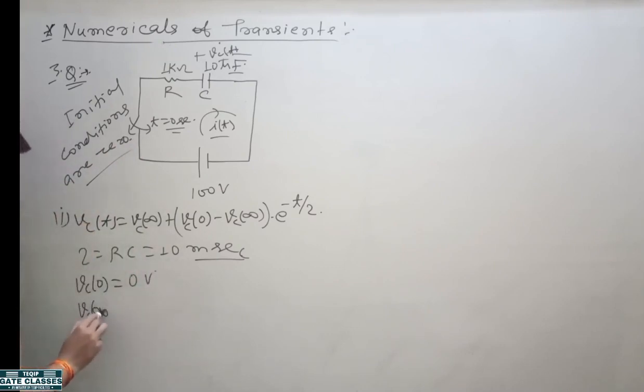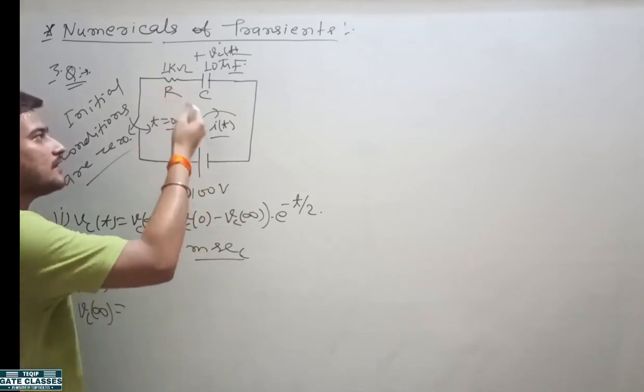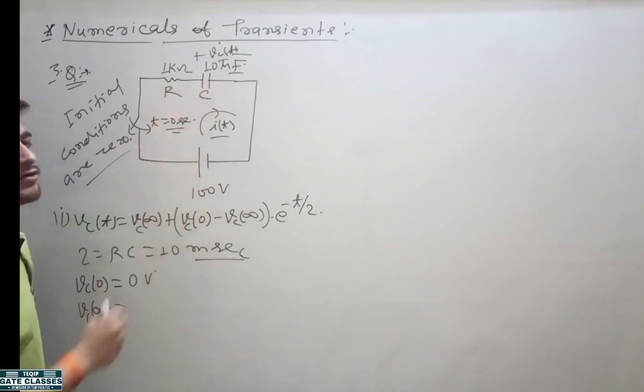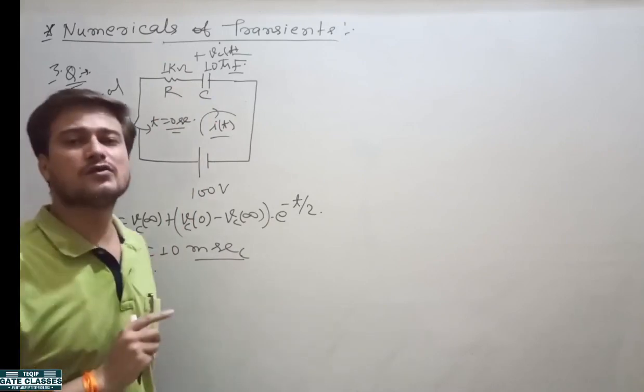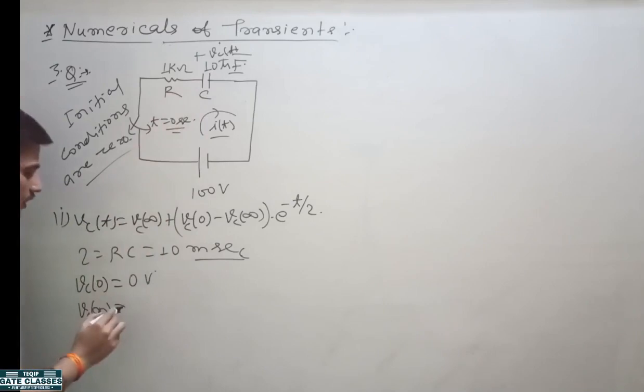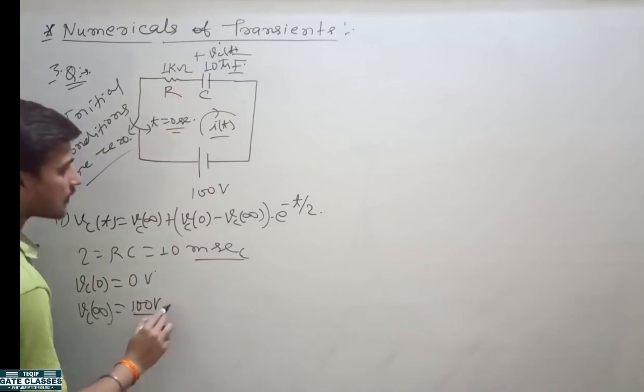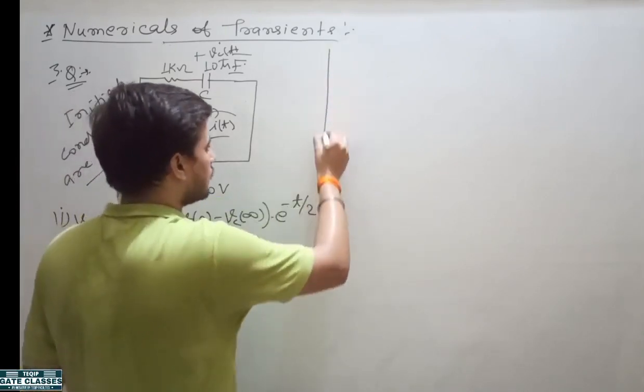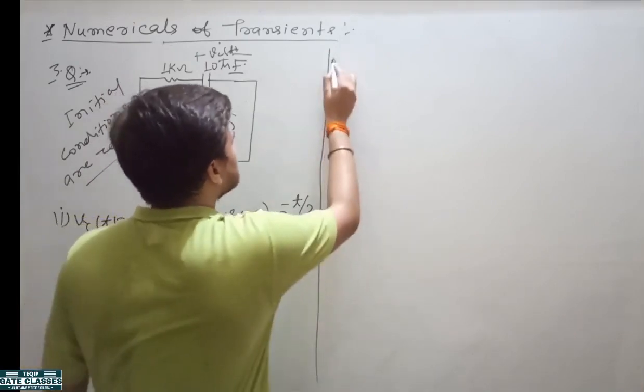VC infinity: when the time t tends to infinity, this capacitor will be fully charged. Current flowing through the capacitor will be 0, so the voltage across the capacitor will be 100 volt. Then you write the expression for VC(t).